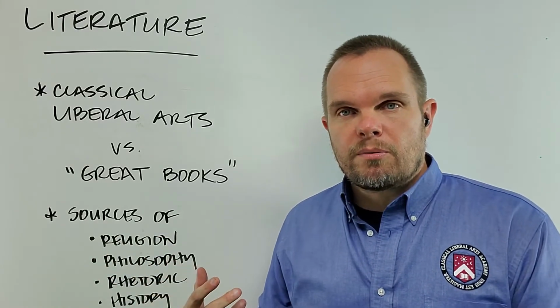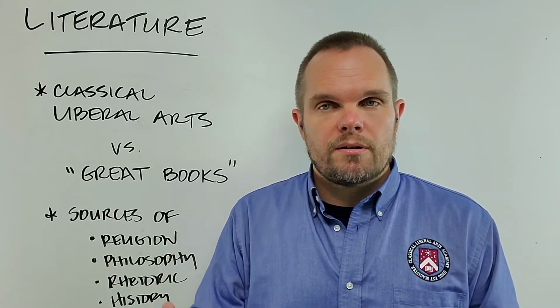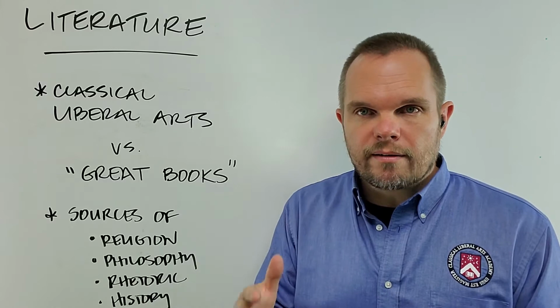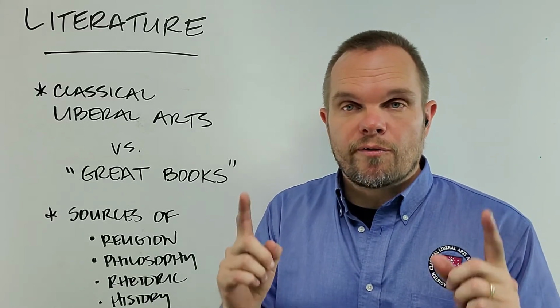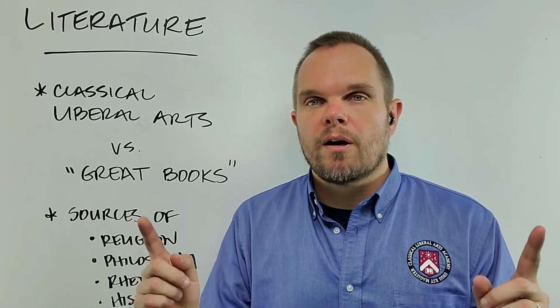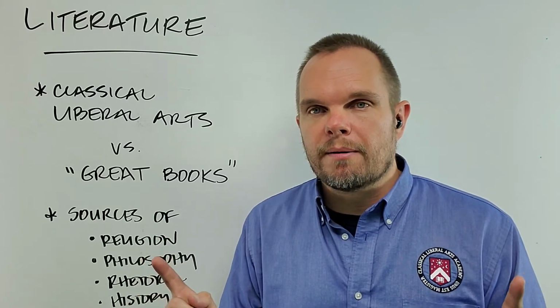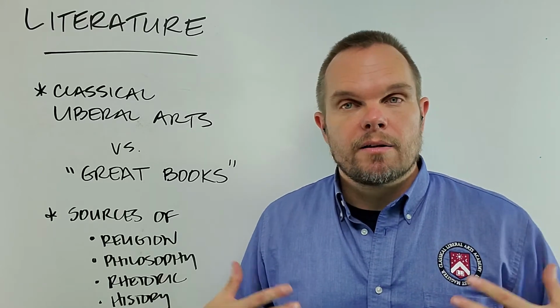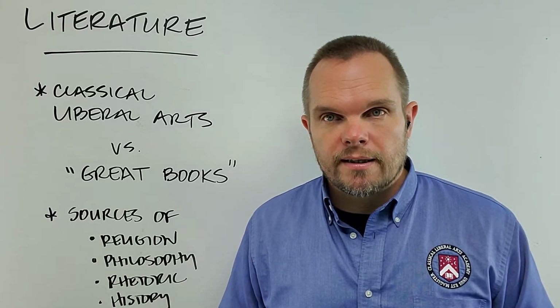In the Classical Liberal Arts Academy, when we teach children literature, we focus on the right things when we study literature. First of all, we focus on the author, because these are works that are produced by men. Homer took blank sheets of paper and composed the Iliad and the Odyssey.